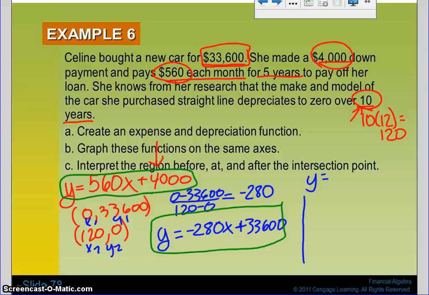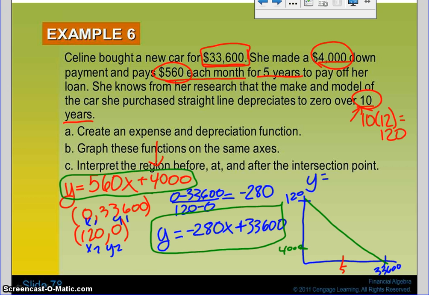So I'm just going to give you an idea. When you're looking at it here, if this is 33,600, and this is, we're going to say 120 months, I know that it straight line depreciates, and that's what the first one is going to look like. The second one has a y-intercept at 4,000 because I made that down payment, and I know that after 5 years, the loan is paid off.